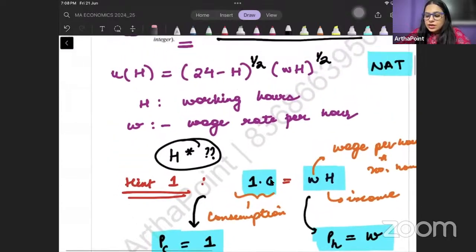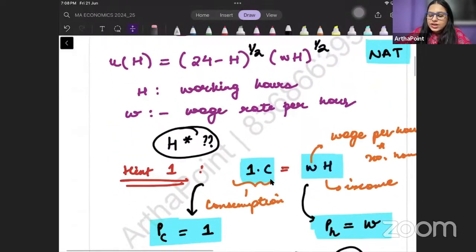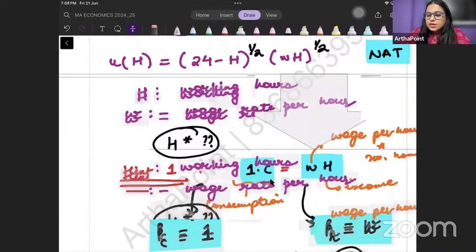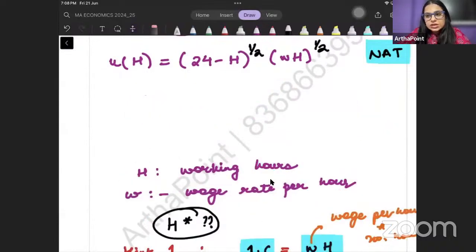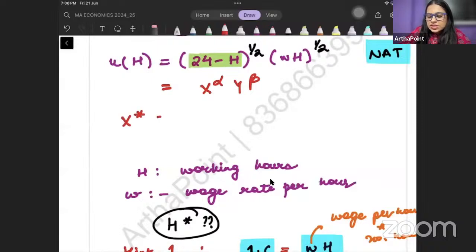What you can do is very, very simple. We have already studied Cobb-Douglas utility functions. In a Cobb-Douglas utility function, whenever anything is of the form x to the power alpha, y to the power beta, I know x is nothing but alpha upon alpha plus beta into m by price of x.